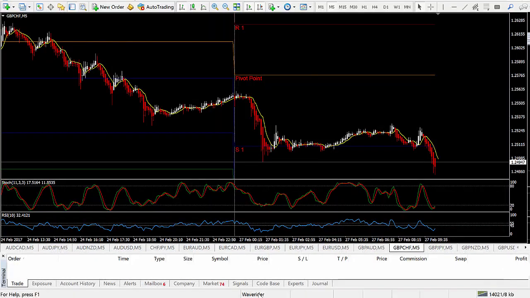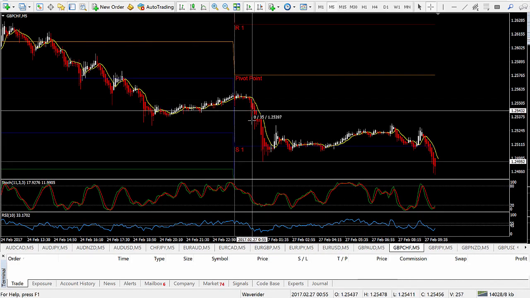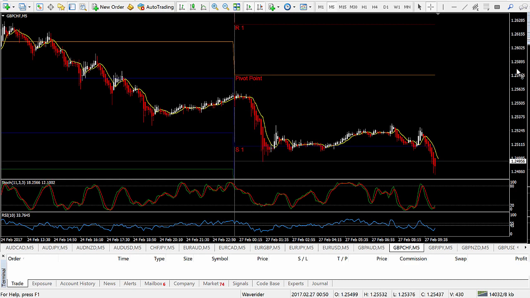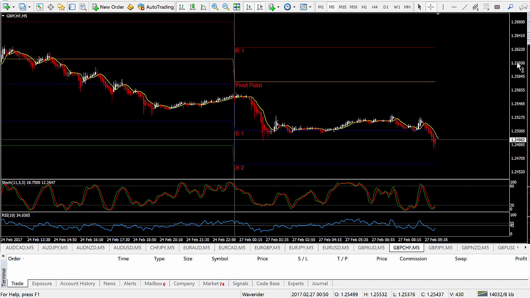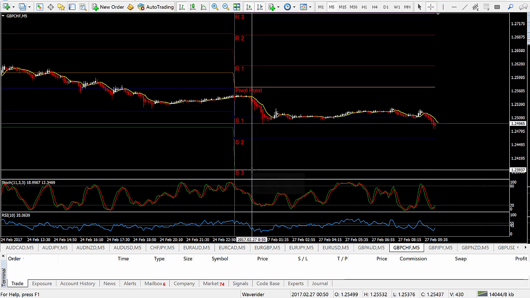To make this clear, if I enter here for example, then this would be my take profit, 33 pips, and my actual take profit in the trading strategy would be down here at S3.